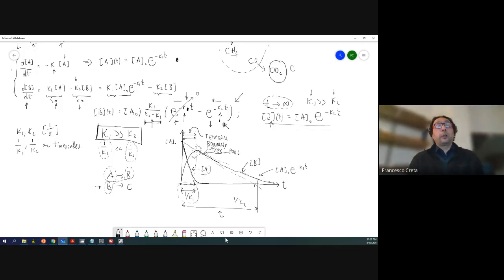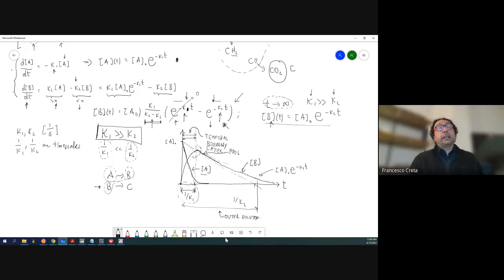So we can call this, in the jargon here, the outer solution, simply because we are outside of the temporal boundary layer.